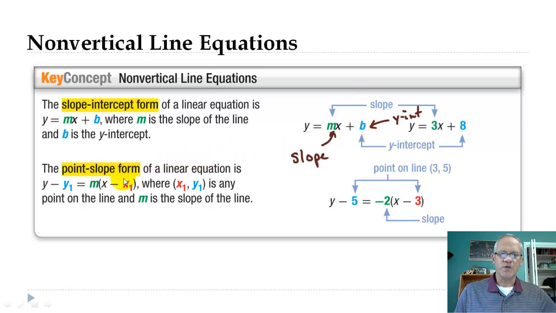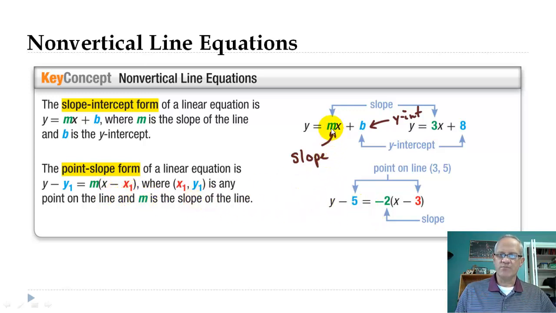Okay. The other form that we're talking about today is point-slope form, not as widely known or remembered, perhaps. But this is the form here. It's going to be just y minus y1 equals m times, in parentheses, x minus x1. What's happening on this one?